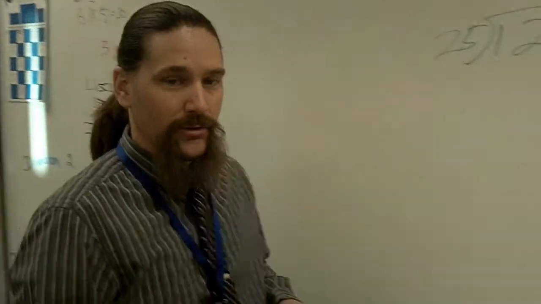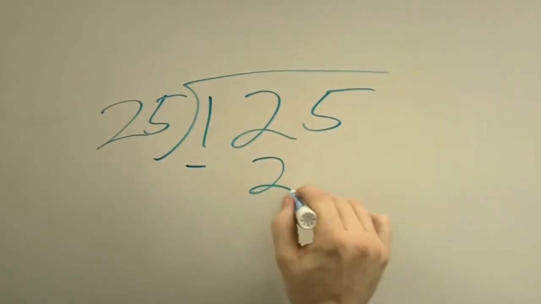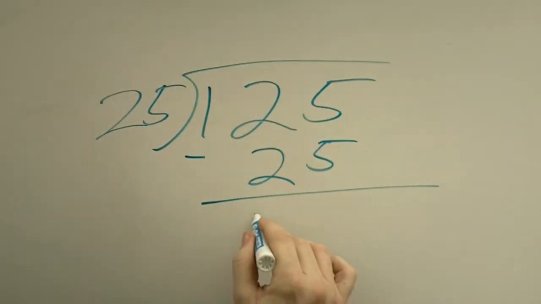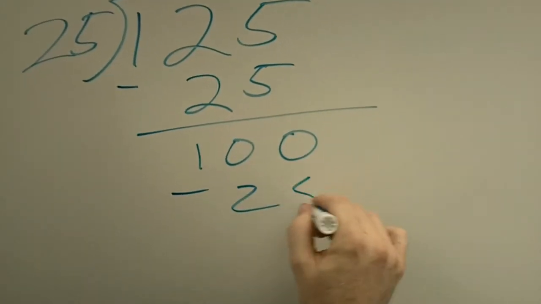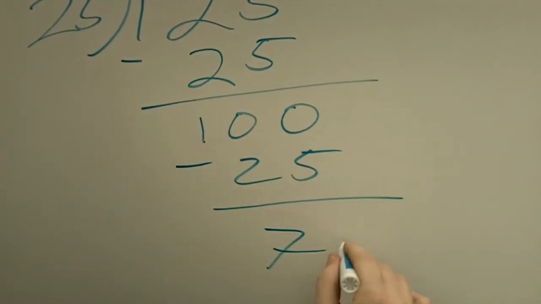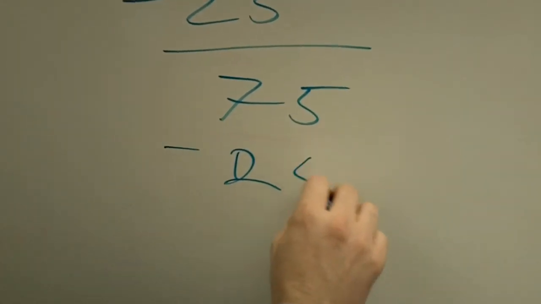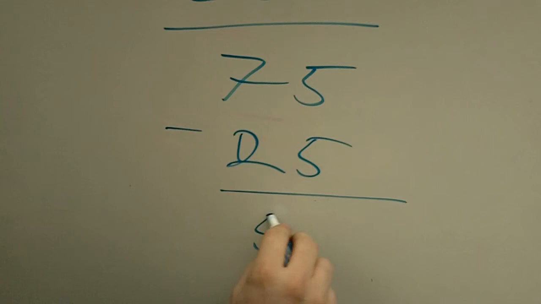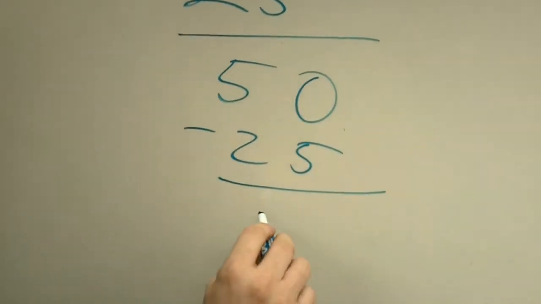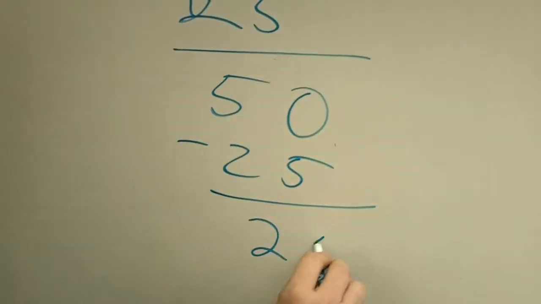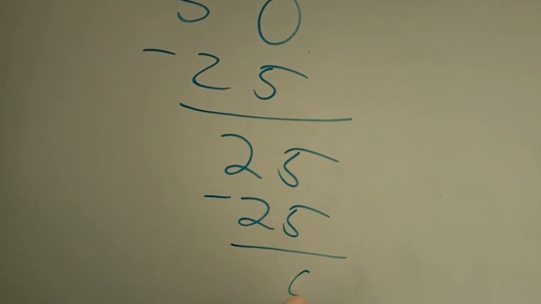Alright, going through this repeated subtraction, we're going to start off subtracting 25. That will give us 100, minus another 25, 75, minus another 25, that's 50, minus another 25, that's 25, and then minus one last 25 gets us to 0.